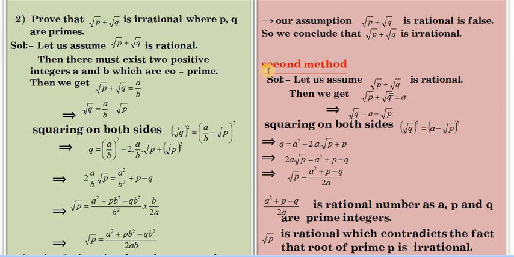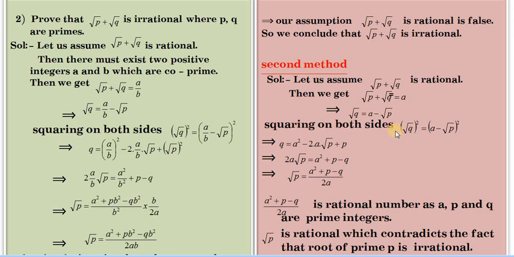Now let us see the second method. In the second method, let us assume that root p plus root q is rational. Then root p plus root q is equal to a. Now transform one value to the right side, then root q is equal to a minus root p.